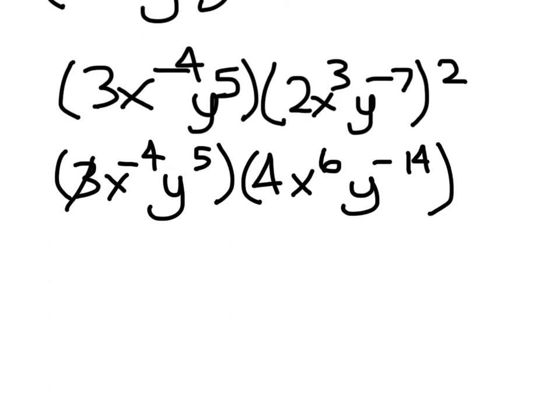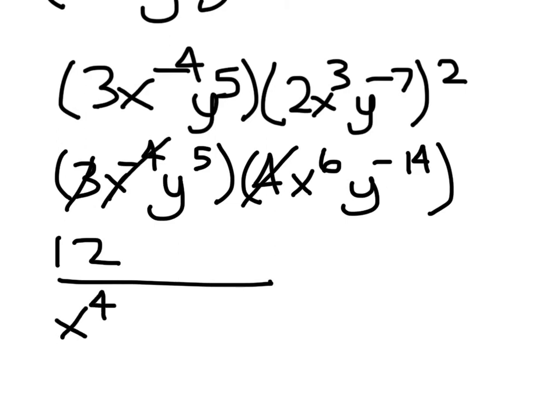Now I can multiply the 3 by the 4, and this x to the negative 4 goes to the denominator to make the exponent positive. The y to the 5th stays where it is. The x to the 6th stays where it is, and the y to the 14th goes to the bottom so that the exponent can be made positive.